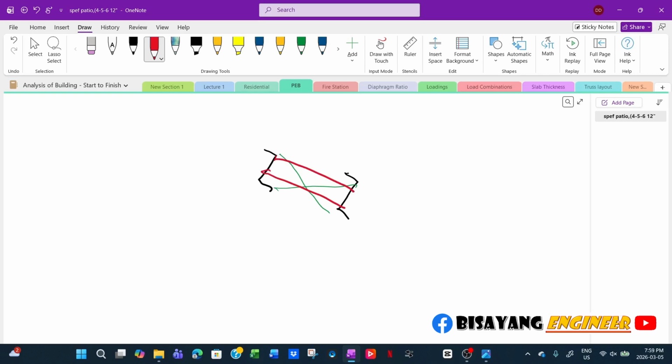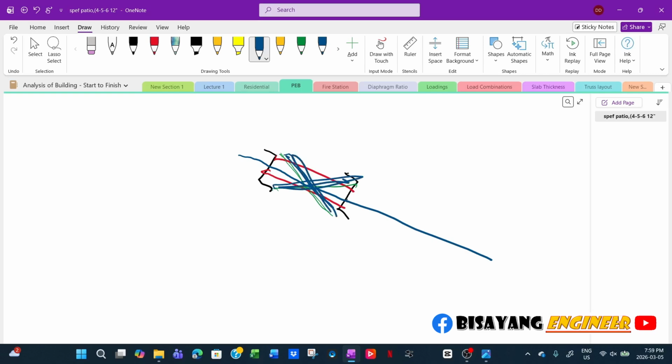And then this one is the most common. Sometimes they will just run a steel rod along the web, this one here. Those are the three most common, but between the three, the X bracing is the most common.